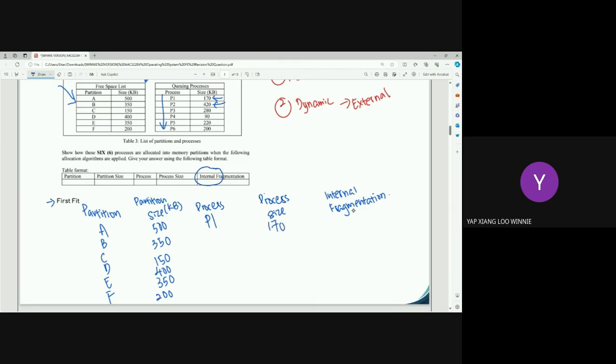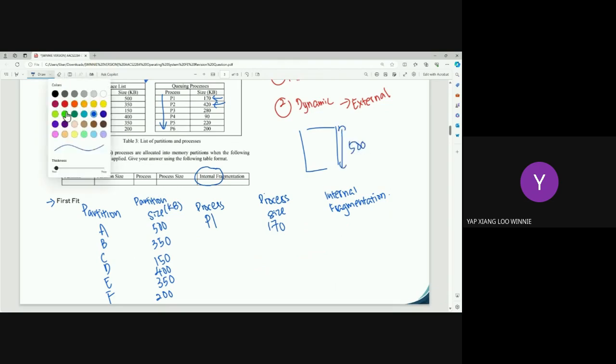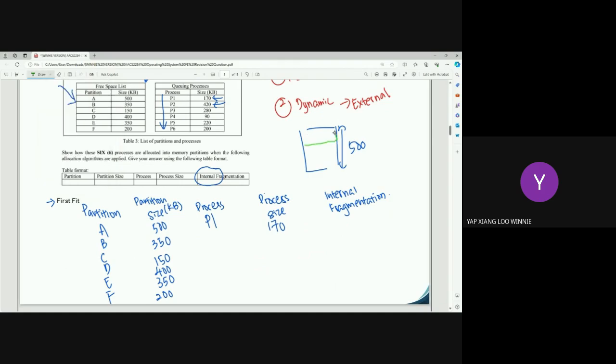So internal fragmentation is, imagine this is the memory. Your memory here has 500 space. You put the process in, 170. Let me change one color. Process 1 over here. You just use up 170, so all here is the remaining, right?